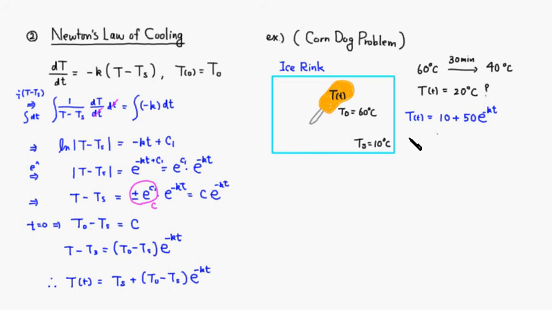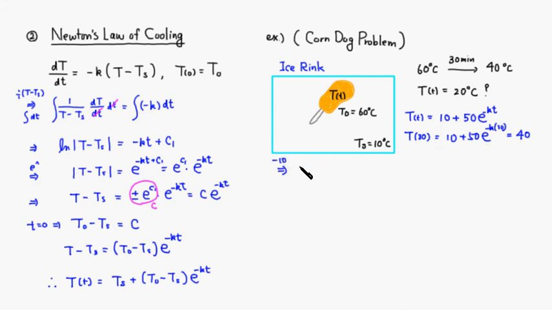But the initial condition is, if t is in minutes, after 30 minutes you will get 10 plus 50 e to the negative k times 30, which cools down to 40 degrees. So this is equal to 40, and we can get some information from there. I'm going to subtract 10 from both sides.